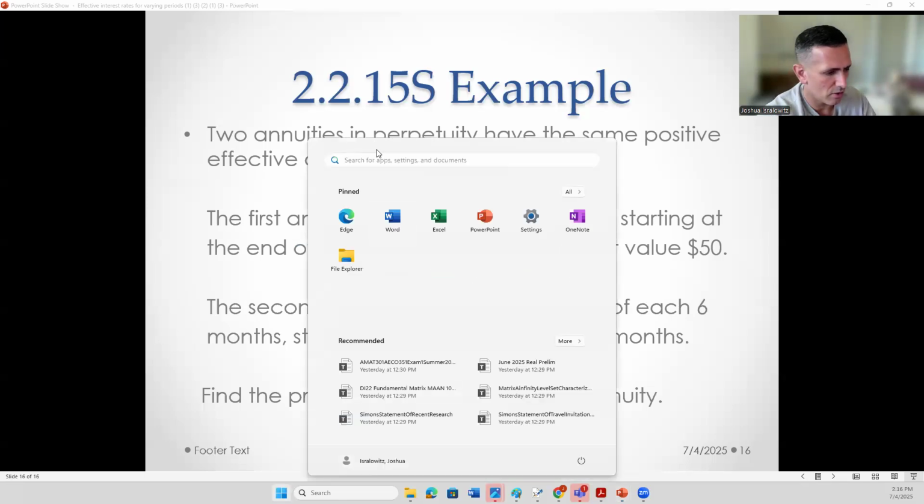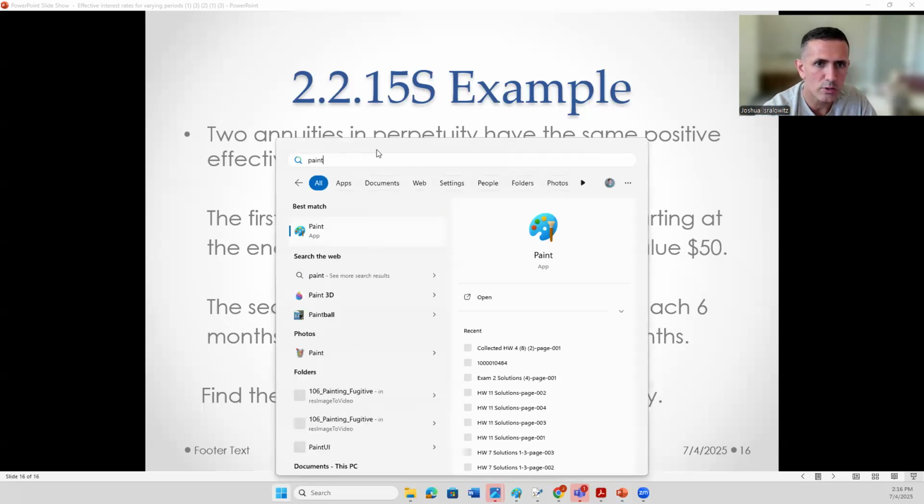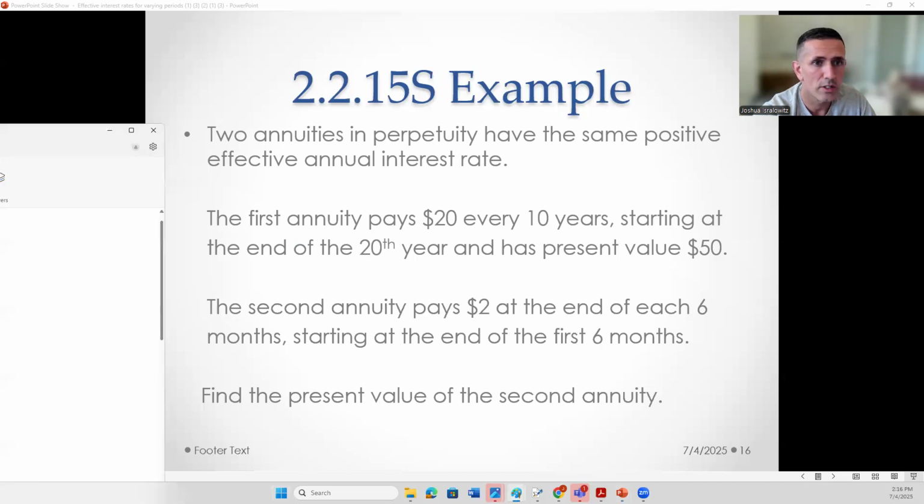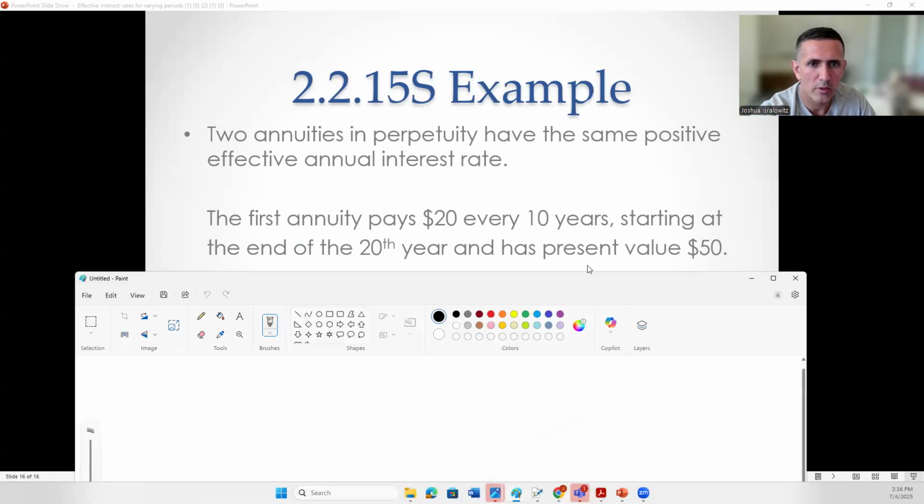All right, so really not too bad of a problem if you just do this nice and slowly. So let's just draw the time diagram for the first annuity. And like usual, time diagrams make this problem fairly easy.